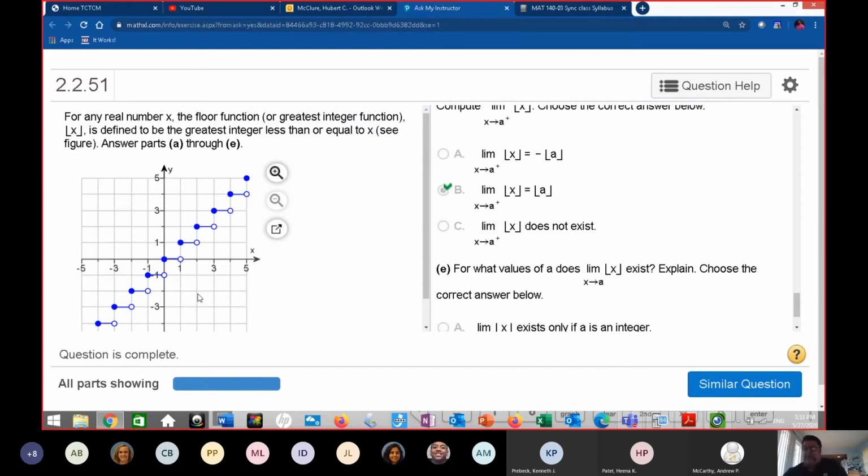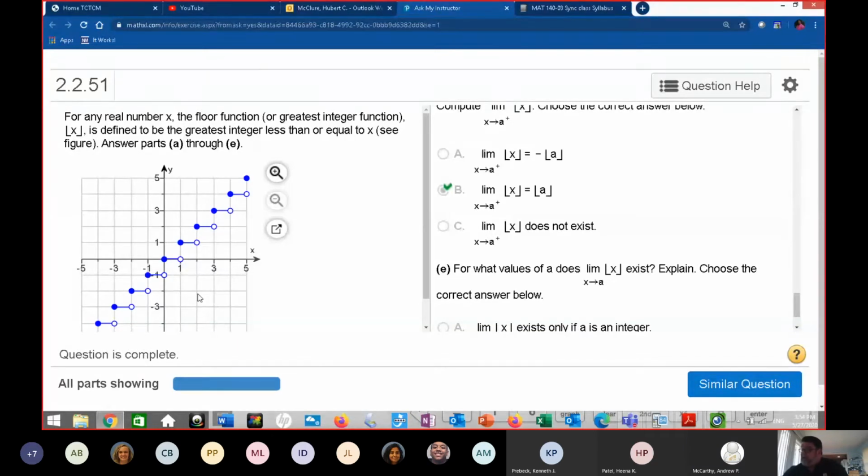It's called the function of the greatest integer because it basically goes to the greatest integer without going over that integer. So it's only whole numbers? Yes.